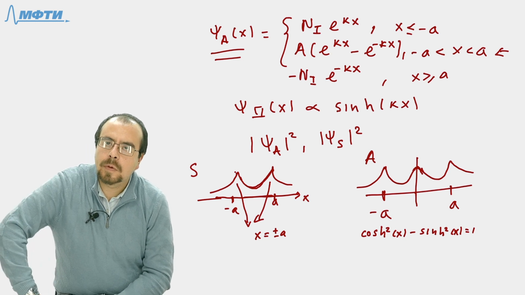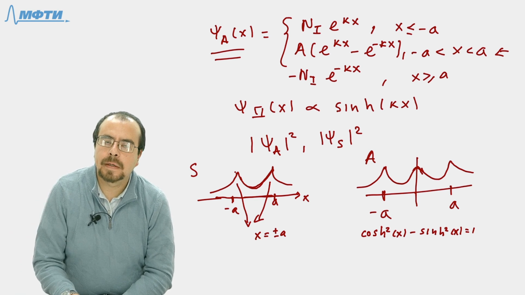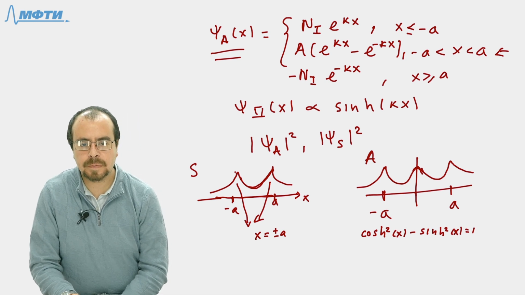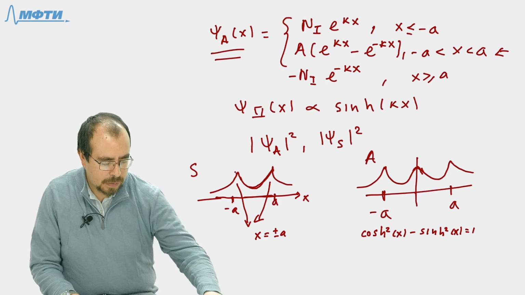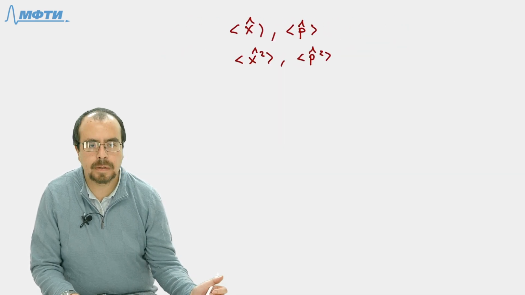So it seems that in both cases, at kx equal to 0, we can find a particle at position 0 in the second case. It's a little bit confusing. This is as we discussed in the previous seminars.